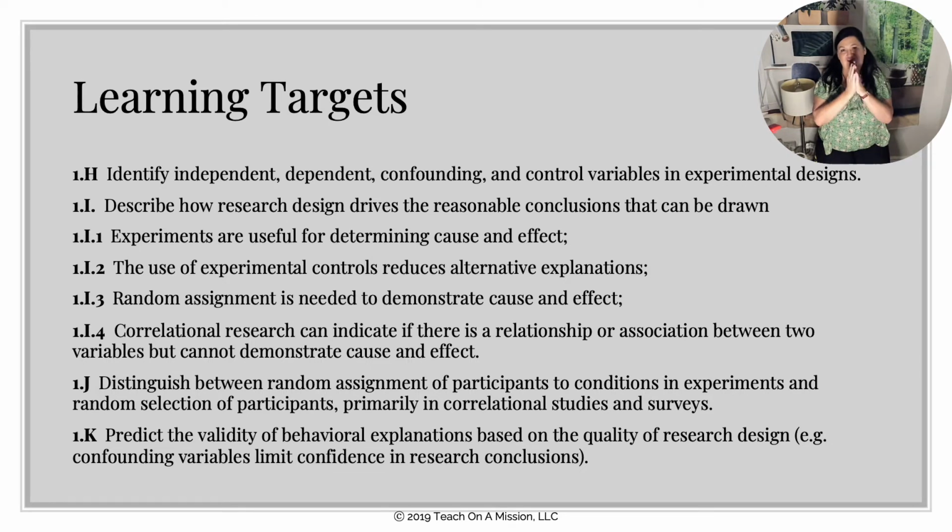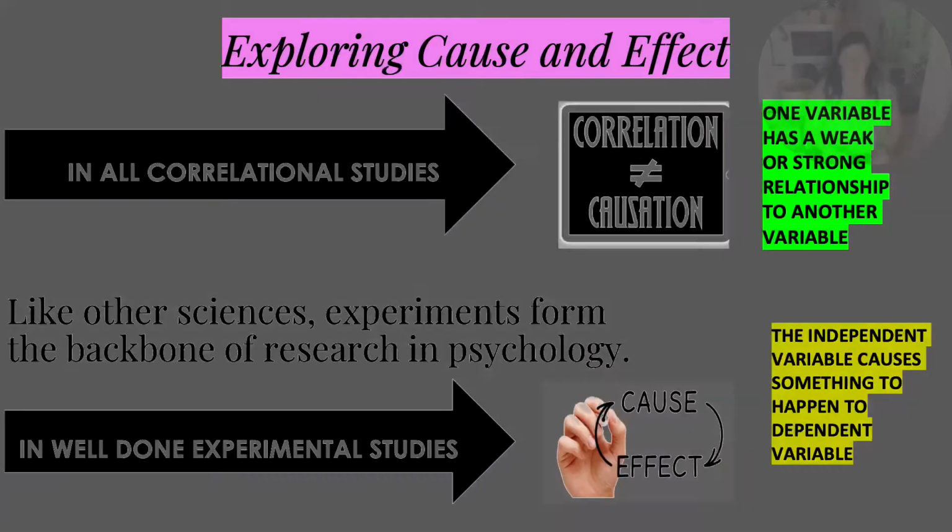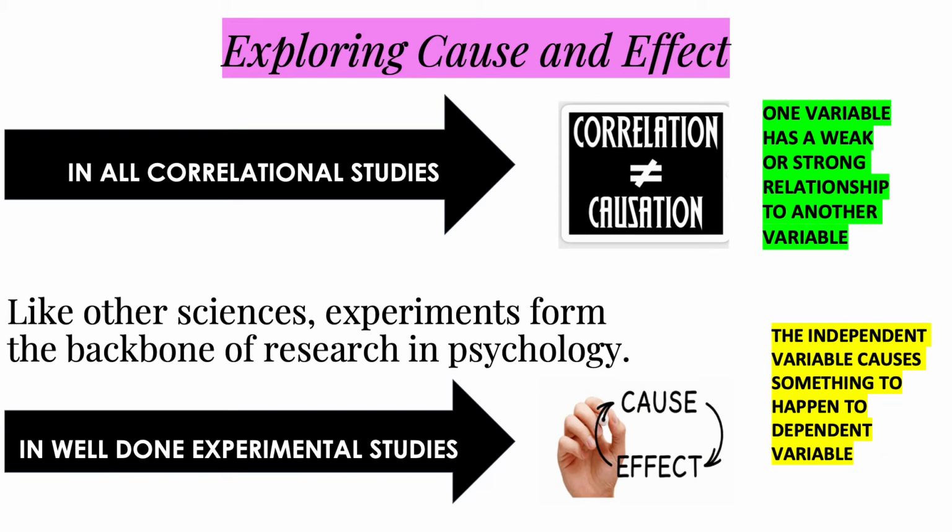Okay, so if you look at the slide right across the top, we're going to explore cause and effect. Like other sciences, experimentation is really the backbone of all things that you measure in psychology, right? You can't just observe your way through an entire study. You have to work with the variables that you have and set controls.